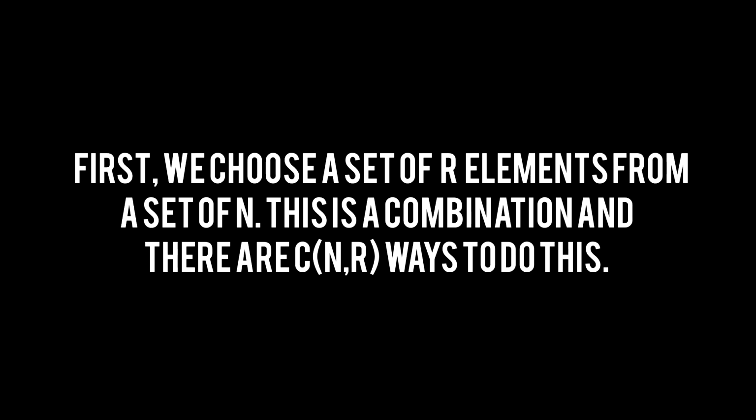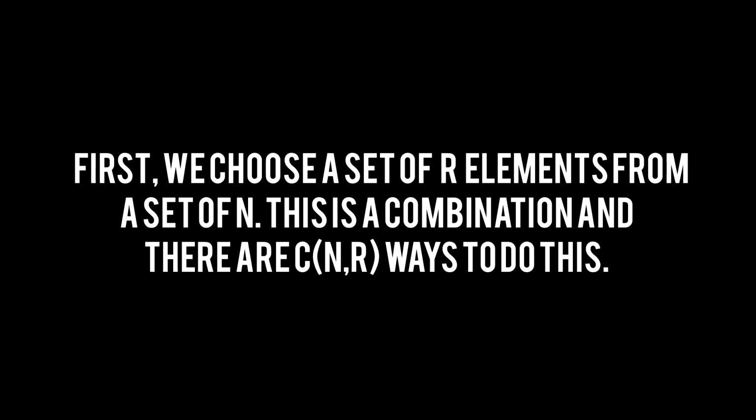Simply because a combination is the number of ways of selecting from a set when the order is not important. Think about what happens when we form a permutation of r elements from a total of n. We can look at this as a two-step process. First, we choose a set of r elements from a set of n.